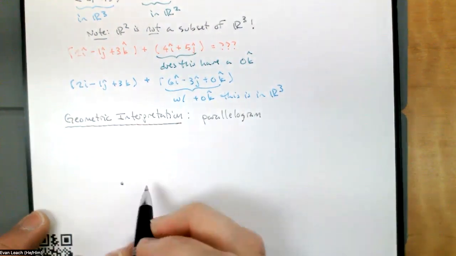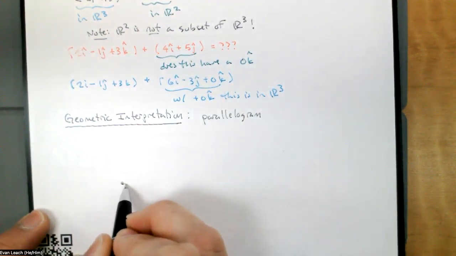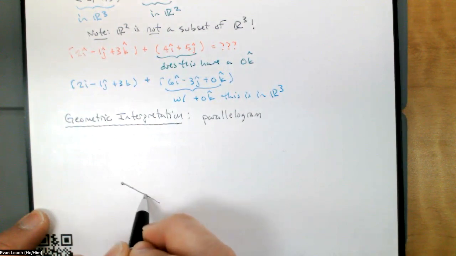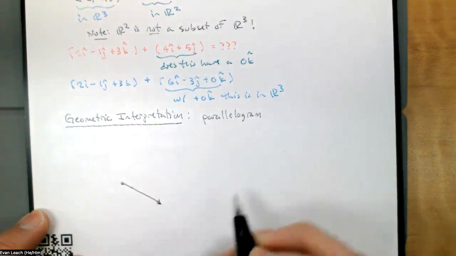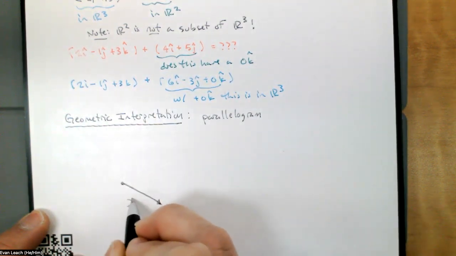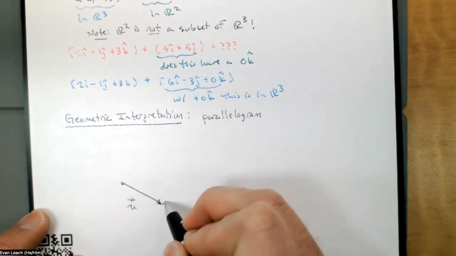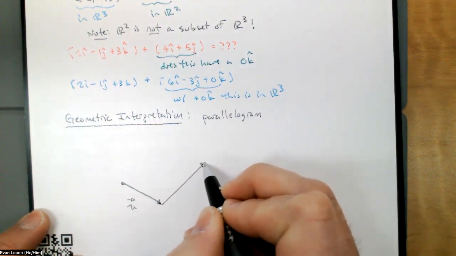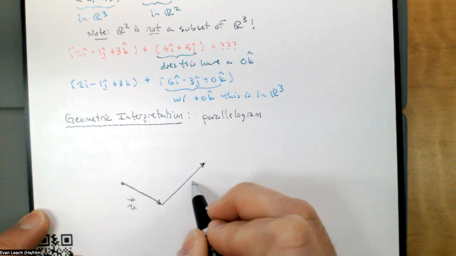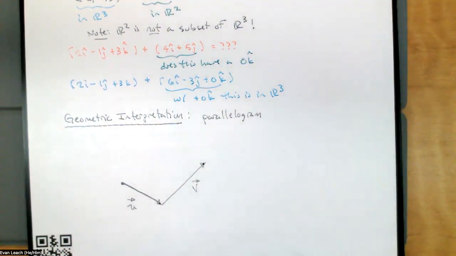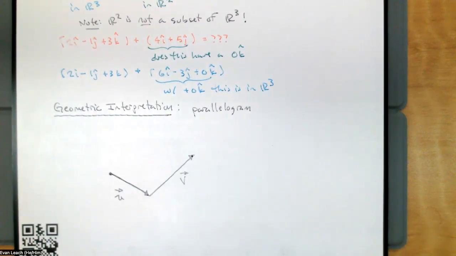We need to have a geometric interpretation of vector addition. So when we want to picture the sum of vectors u plus v, let's say, we draw the vector u and we draw the vector v at the end of it.